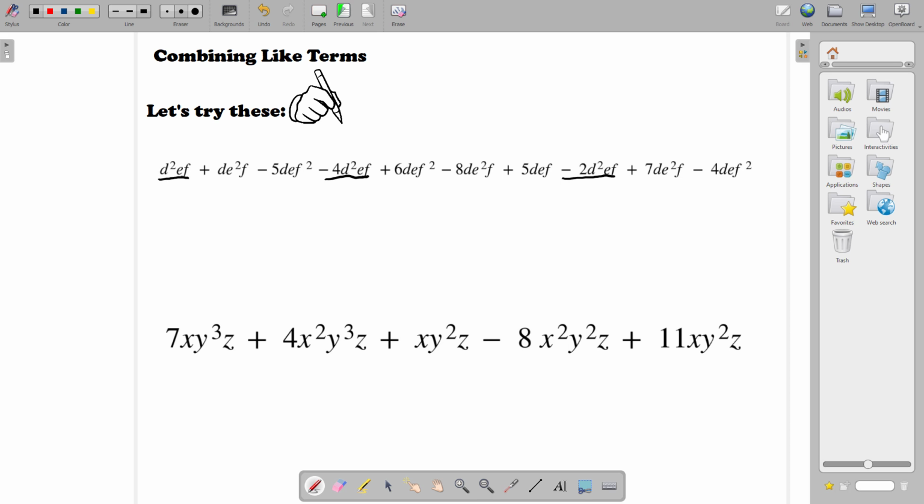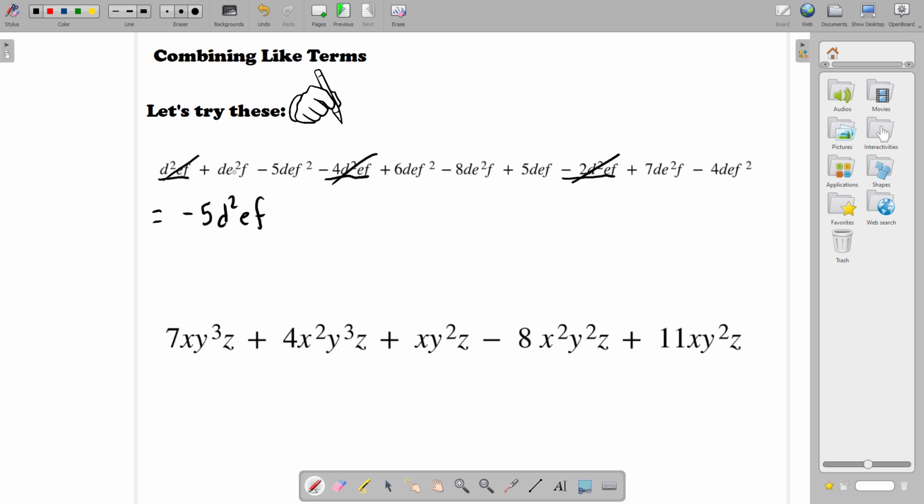So if I have 1 D squared EF and negative 4 D squared EF and a negative 2 D squared EF, that's going to give me, let's see, negative 6 and a positive 1 is going to be negative 5 D squared EF. Then we have a D E squared F, let's cross these out so we make sure that we have used them.